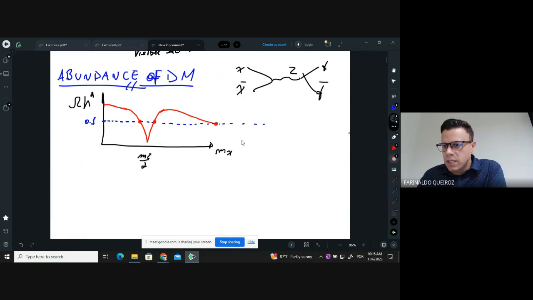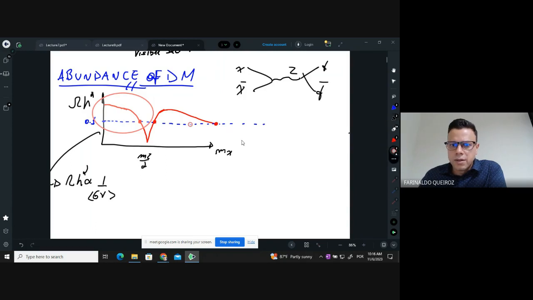Let me see if I get around here. So this has to do with just the fact that omega h squared is proportional to 1 over sigma v. The same thing happens here. So it has to do also with omega h being proportional to 1 over sigma v.